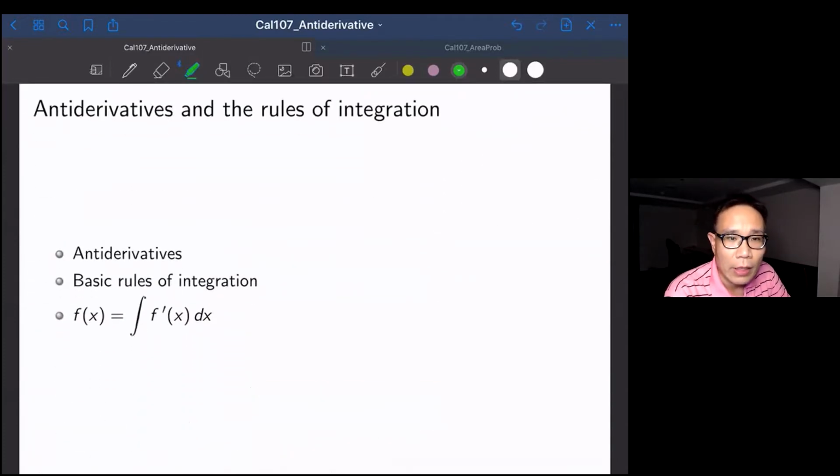In this lecture, we're going to talk about the antiderivative and the basic rules of integration, and we're going to see that they are kind of the inverse of each other. So integrating f prime x is going to recover the function f.